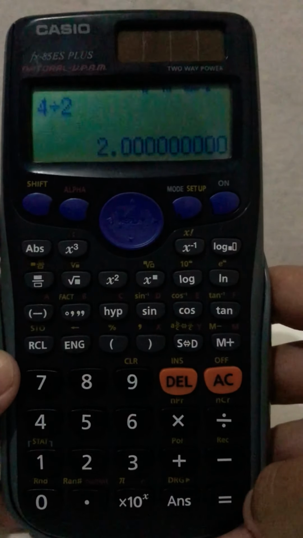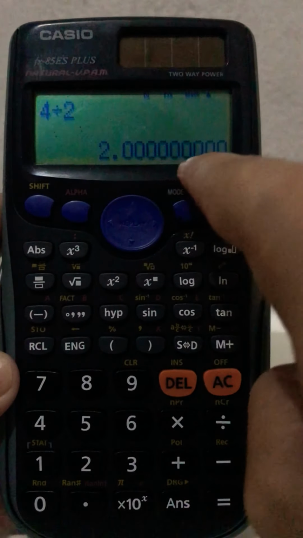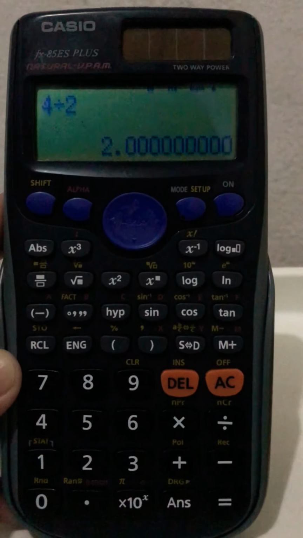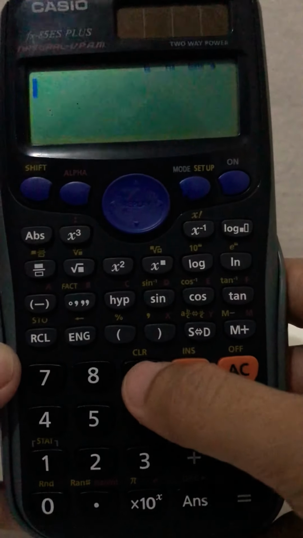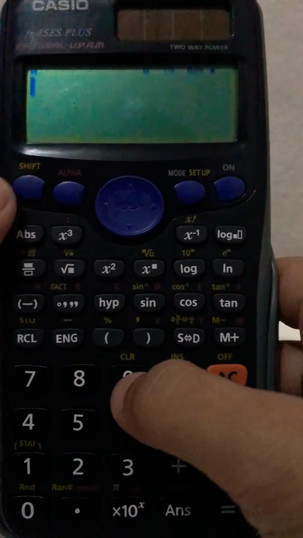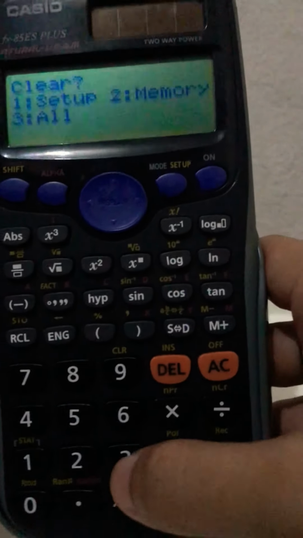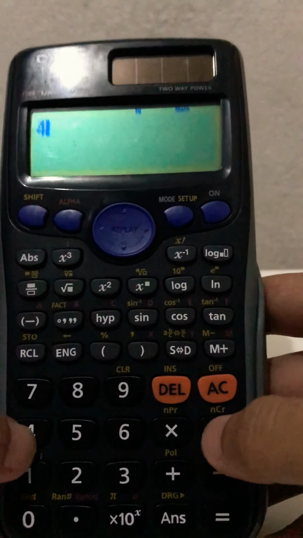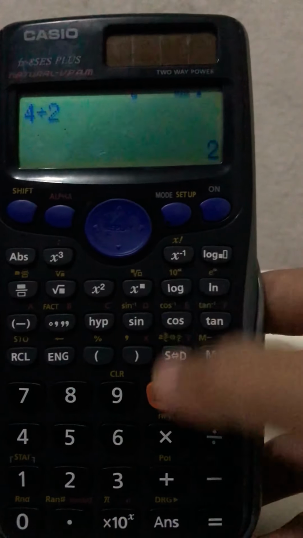It gives us that. It's annoying to see this couple of zeros here. So what should we do? Got it. We just have to have the default mode or clear. So that's shift, clear. Let's have number 3. So that when we go to 4 divided by 2, it's just the 2.